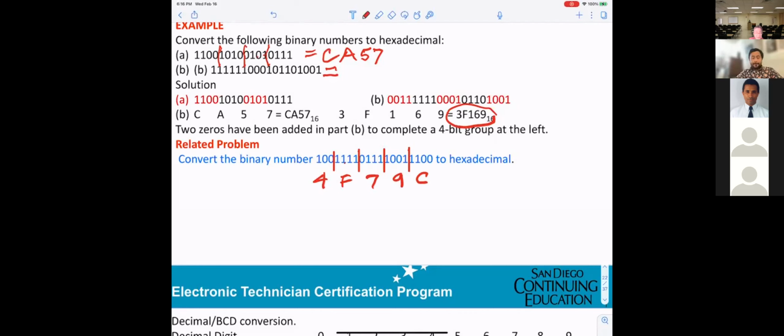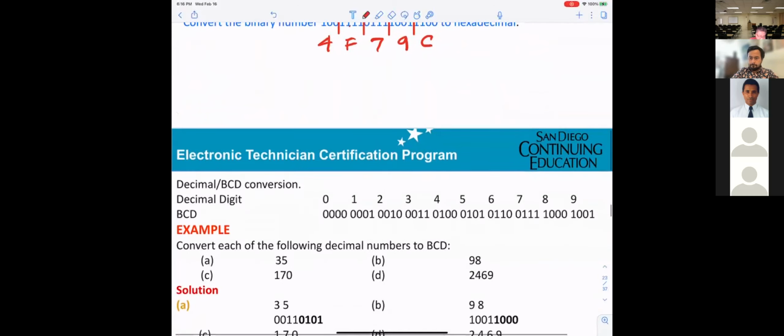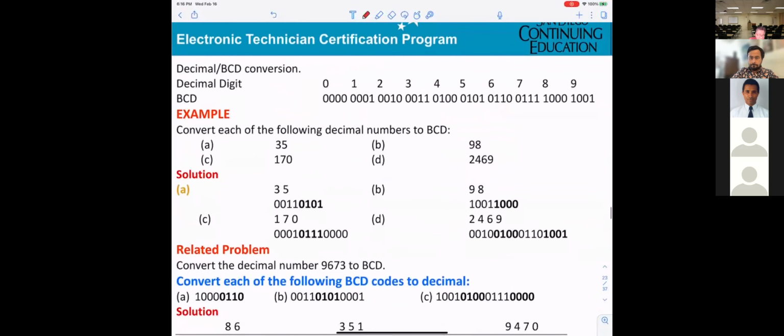When we're doing the lab, you're using it all the time. Okay, any question on that? If not, go to the next one.